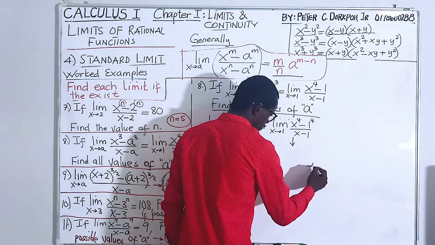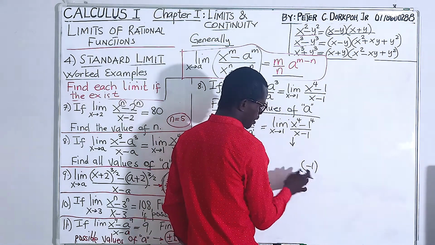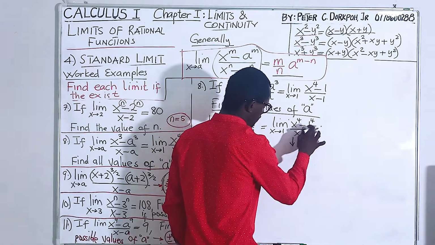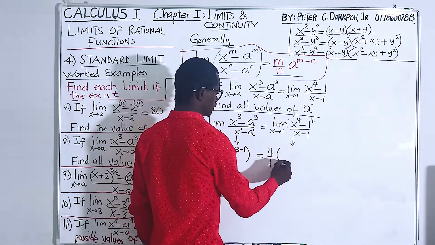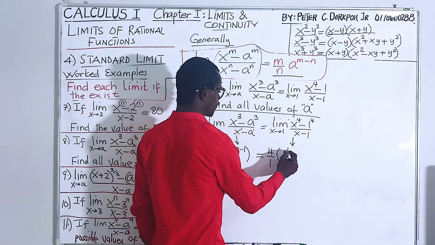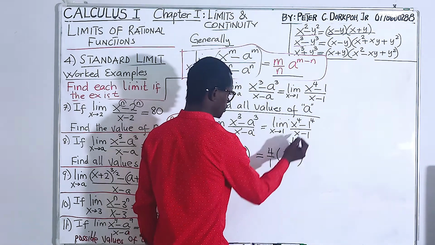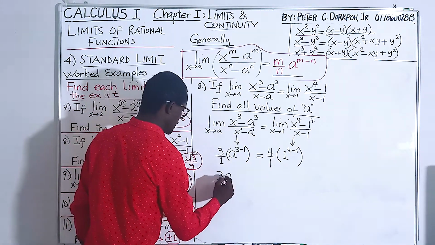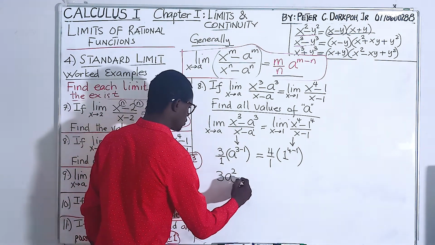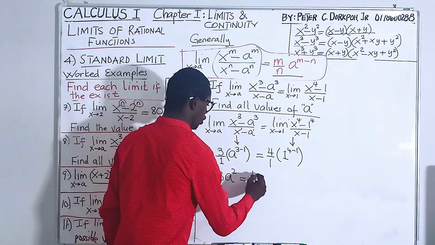It is not negative 1 that is going to be raised to the 4th power, no. It's just positive 1. So we have 4 over 1 times 1 now raised to the power 4 minus 1, because the power down is 1. So this is now 3a raised to the 2nd power equals 4.